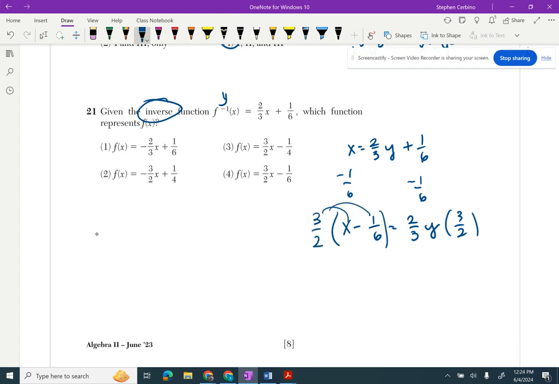We then can do some quick distributing and get 3 over 2x minus 1 over, that would be 3 over 12, so that would be 1 over 4 is equal to y. Now in this case, y represents f of x, so we get our answer here of choice 3.